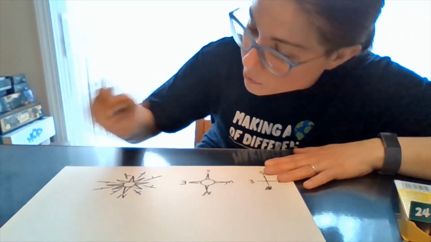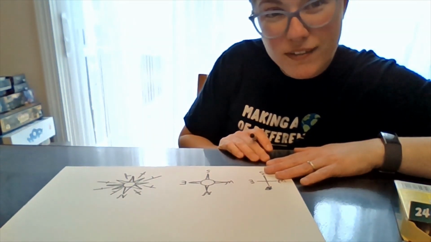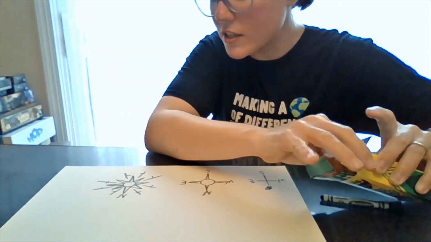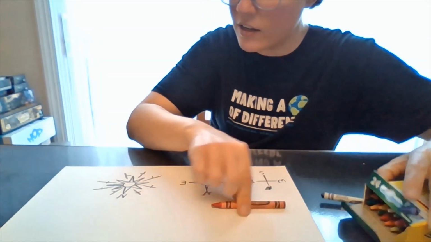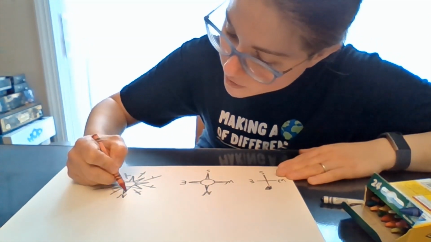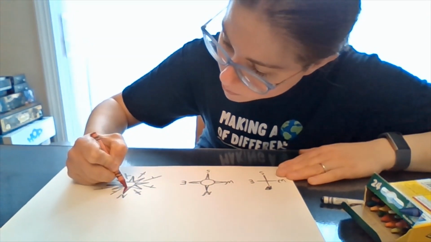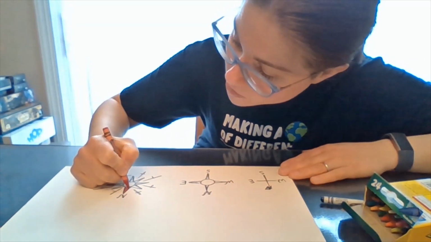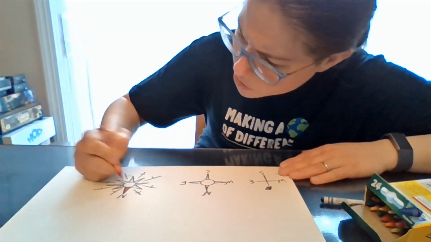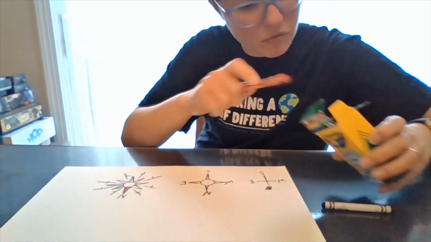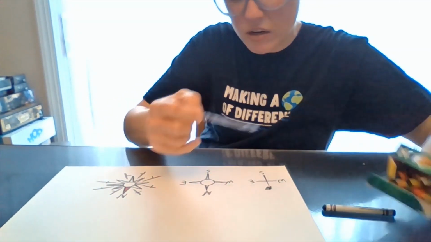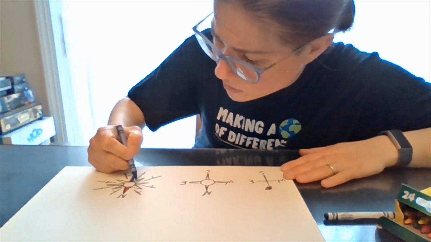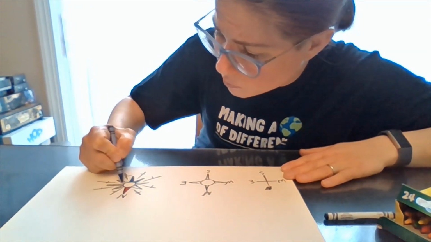I'm actually going to color mine in a little bit. Just pick a couple of colors and make it kind of interesting. Like I really want people to be able to tell where my north is. I'm going to use this one over here for my actual project. And you could design a whole bunch of compass roses and then just pick the one you like best for your project. That is totally up to you.